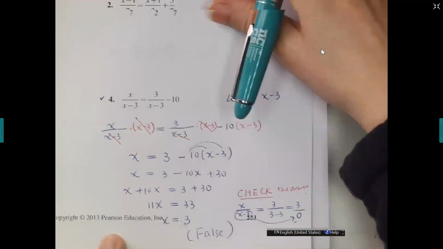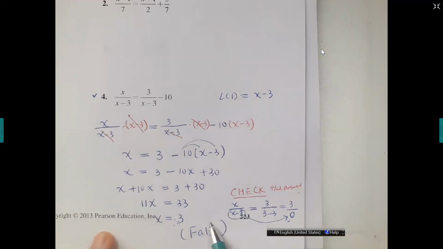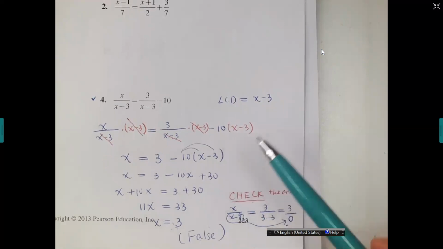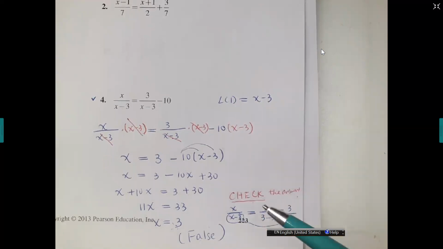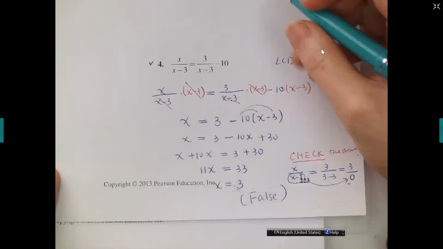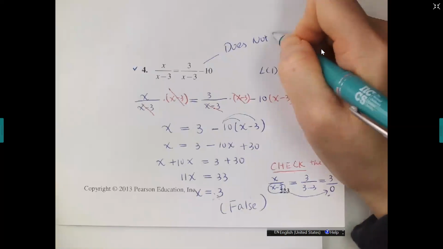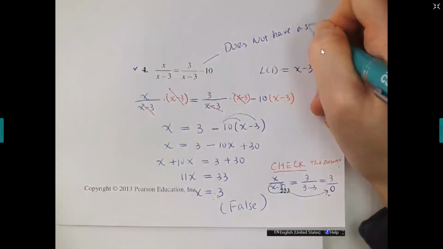That is not the true solution. This is a false one. We only got one solution, and it turns out it is a false solution. Then we make the conclusion that the original equation does not have a solution.